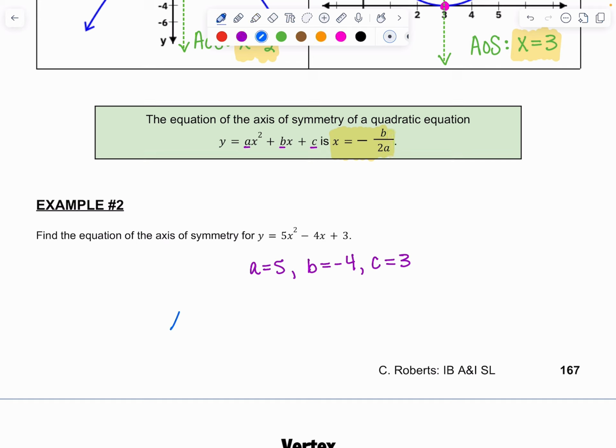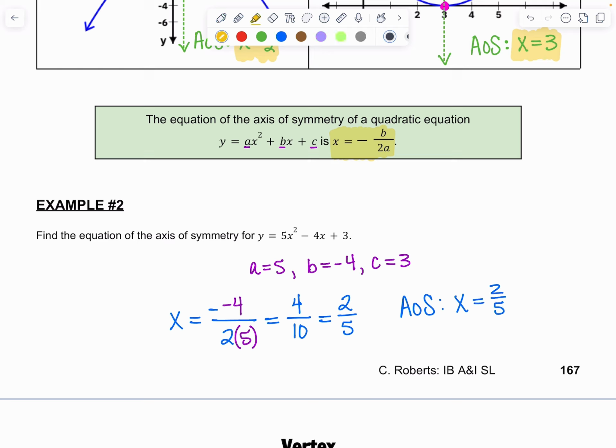So x is equal to negative b, and b is negative 4, so negative negative 4 divided by 2 times a, and a is 5. If we simplify, negative negative 4 is a positive 4, 2 times 5 is 10, and 4/10 simplifies to 2/5. So the axis of symmetry is located at x is equal to 2/5. That is the equation of the axis of symmetry.